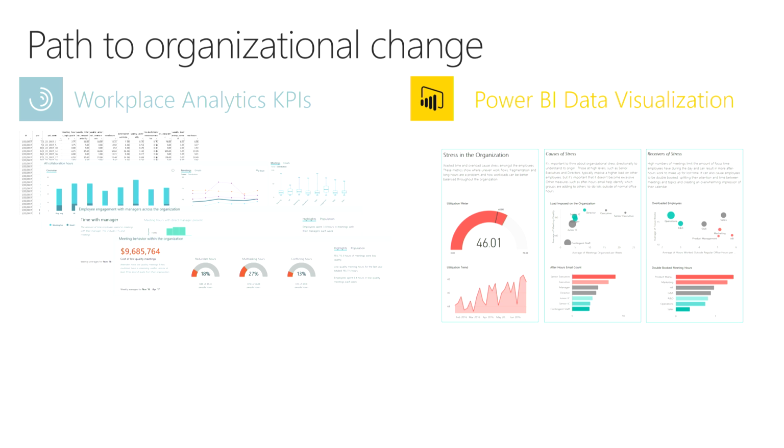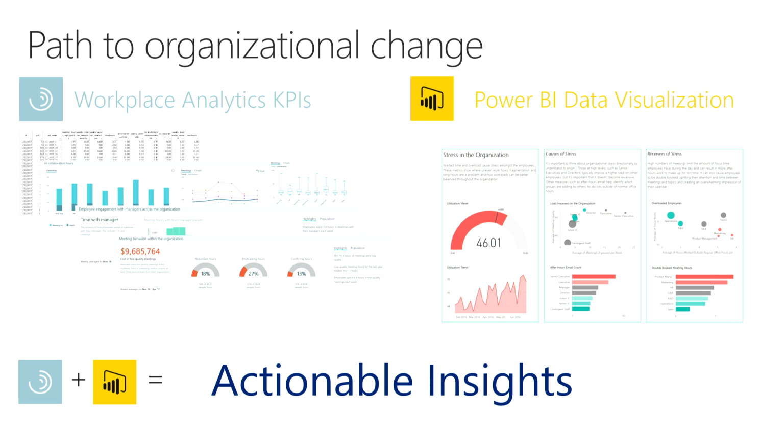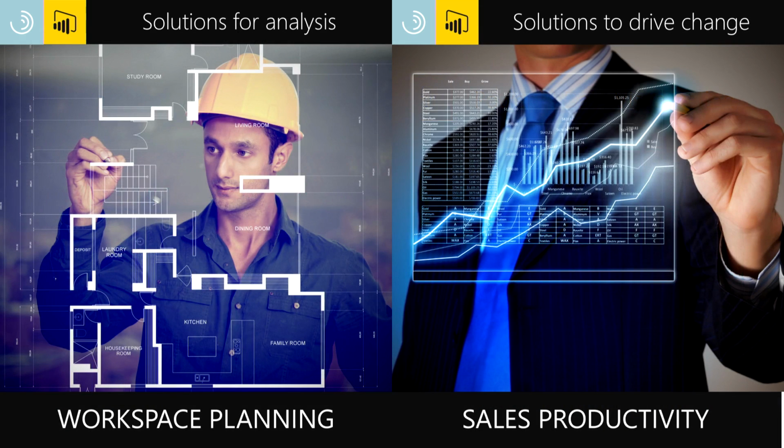You'll see some examples of how we've done that in a way that actually drives people to change their behavior based on data, versus just getting a broad data set for a whole company. And so these two things together, we think, are really powerful in the way that we can change behaviors. So we're going to take you through a couple of stories about how we've done this.